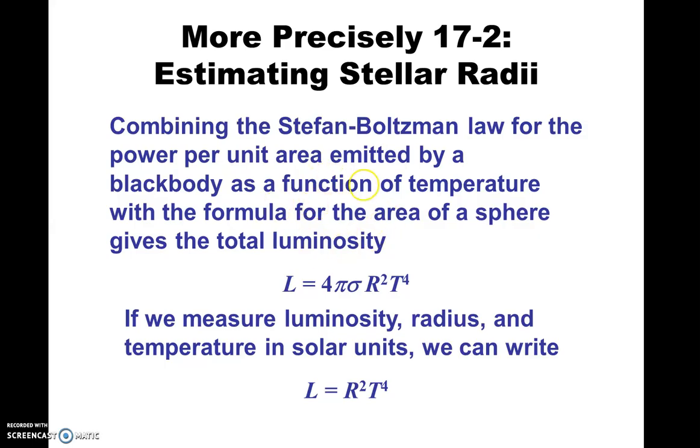All right, so if you combine all that, using the Stefan-Boltzmann equation and the inverse square law, you find that the luminosity is related to the radius of the star squared times the fourth power of the temperature. So if you know what the luminosity is, this is really where we're heading.